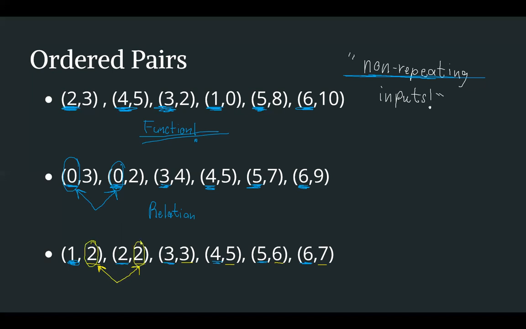So does it mean it is a relation? The answer is it's still a function. Again, what's the goal here? The goal here is non-repeating inputs. So 1, 2, 3, 4, 5, 6. Finish. It's already a function.